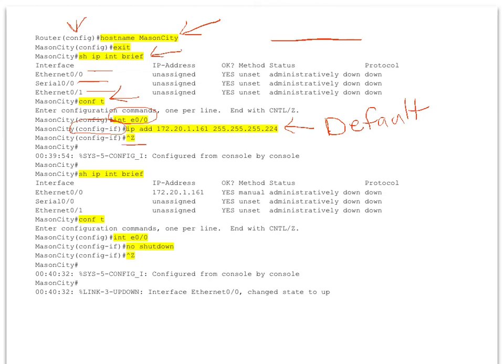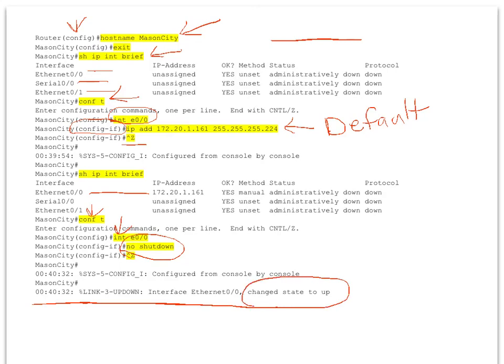Then I did a Show IP Interface Brief. And it shows that the interface now has this address, but it's still down because I didn't do the no shutdown. So I had to go into the configuration, into the interface, did a no shutdown. Now it shows that link's up.